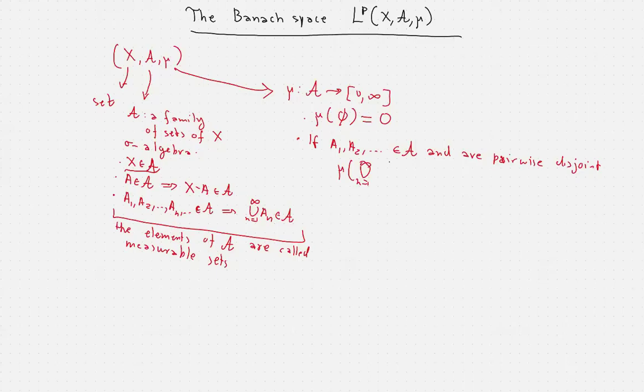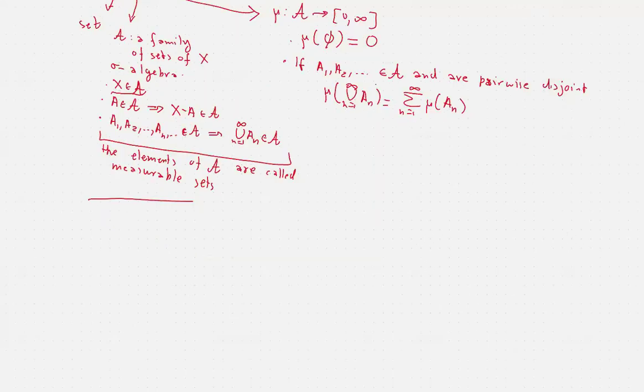Okay, then if we have this, then we call this a measure. And having a set, a sigma algebra of subsets and a measure on that sigma algebra, this is usually known as a measure space.